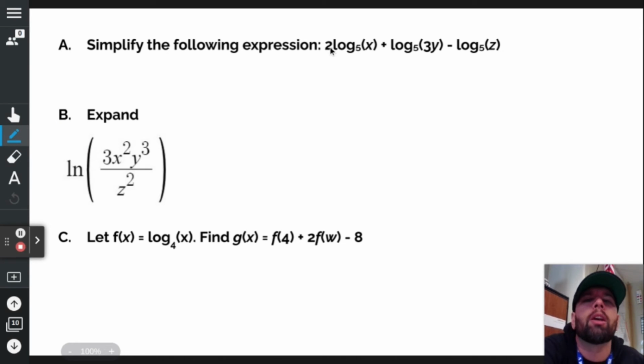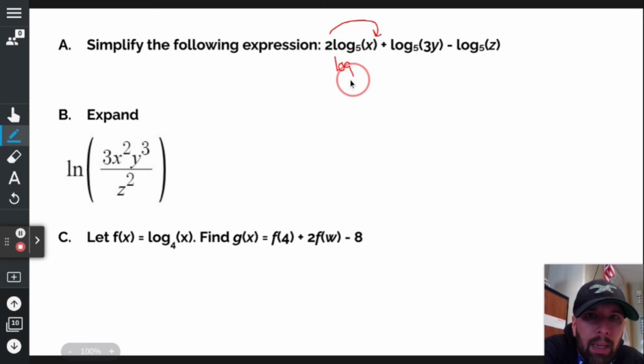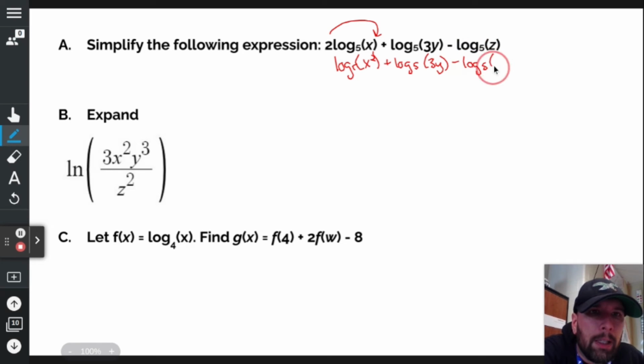Simplify the following expression. 2 log base 5 of x plus log base 5 of 3y minus log base 5 of z. First thing I have to do is deal with the exponent stuff. So now I have log base 5 of x squared plus log base 5 of 3y minus log base 5 of z.